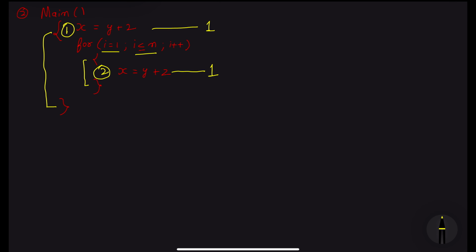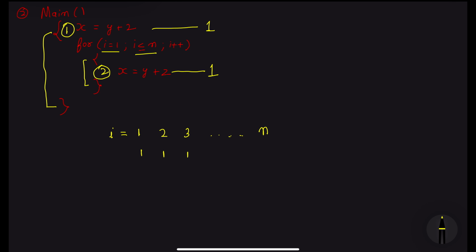Now let's see how many times this for loop is running. If we run the code, when the value of i is 1, the second statement will run one time. When it becomes 2, it will run again one time. For 3, it will also run one time, and it will keep on running until the value of i becomes n.